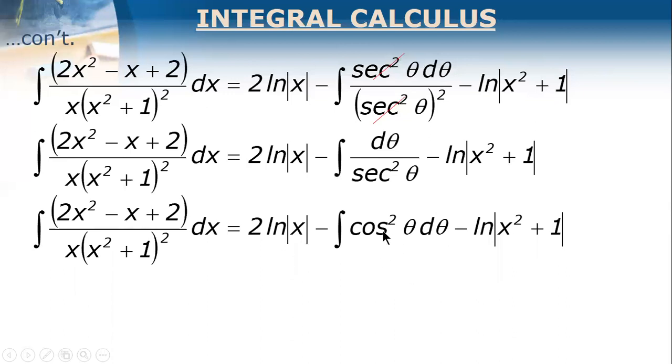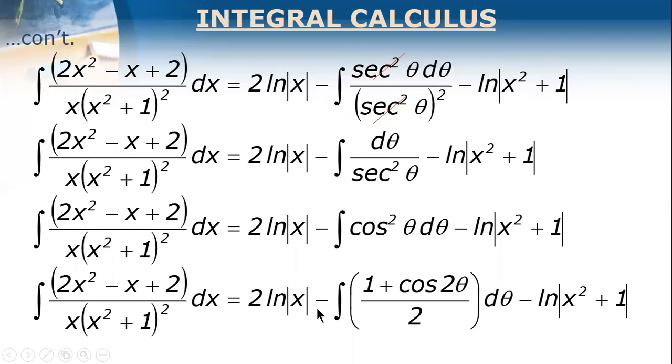In this case, the exponent is even, so we are going to use the double angle identity. Okay. So, the identity: cosine squared theta is equal to 1 plus cosine 2 theta over 2 d theta.